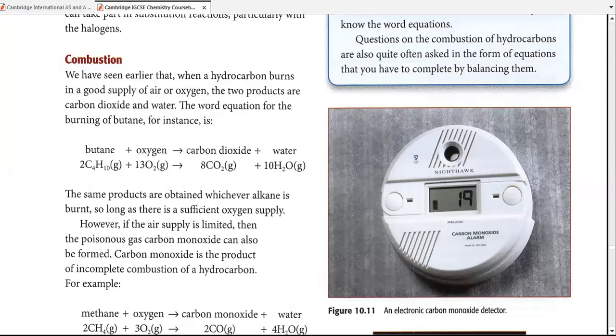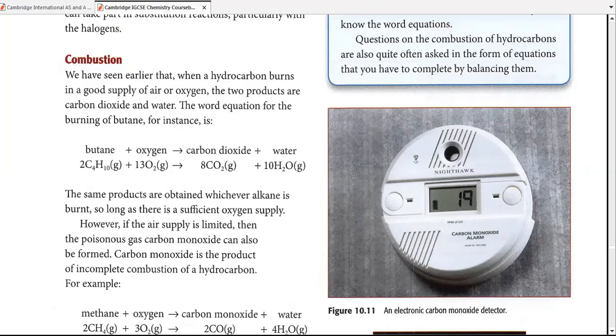You have done the balancing of equation for propane and oxygen yourselves. And here comes the equation of butane. So all first four alkanes are here in case of their burning and they're producing the products carbon dioxide and water. The same products are obtained whichever alkane is burned as long as there is sufficient supply of oxygen.